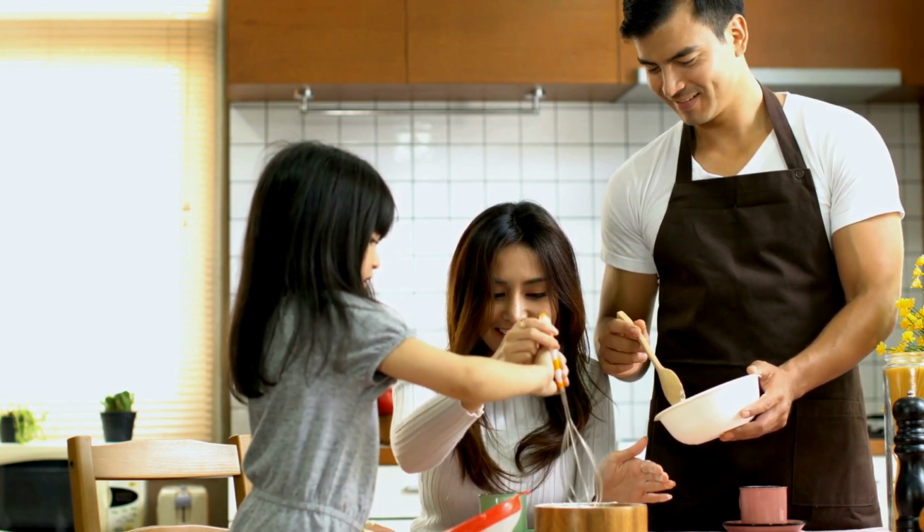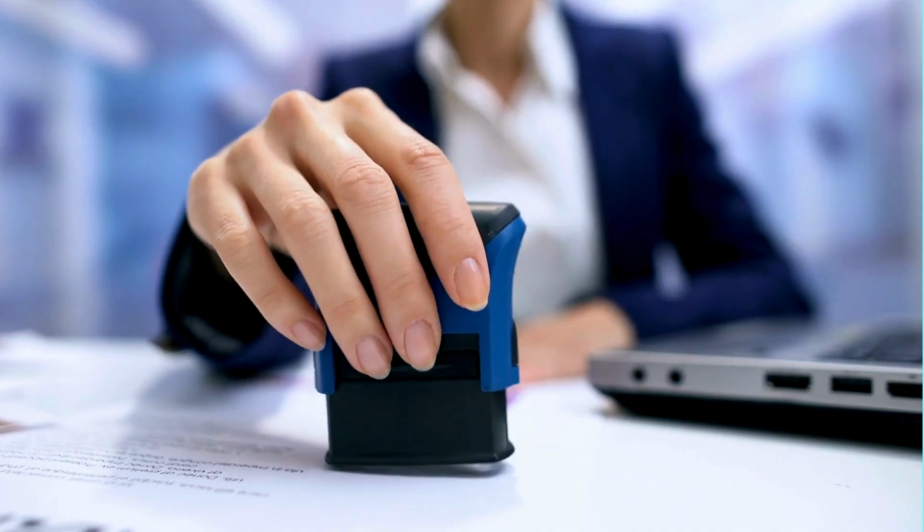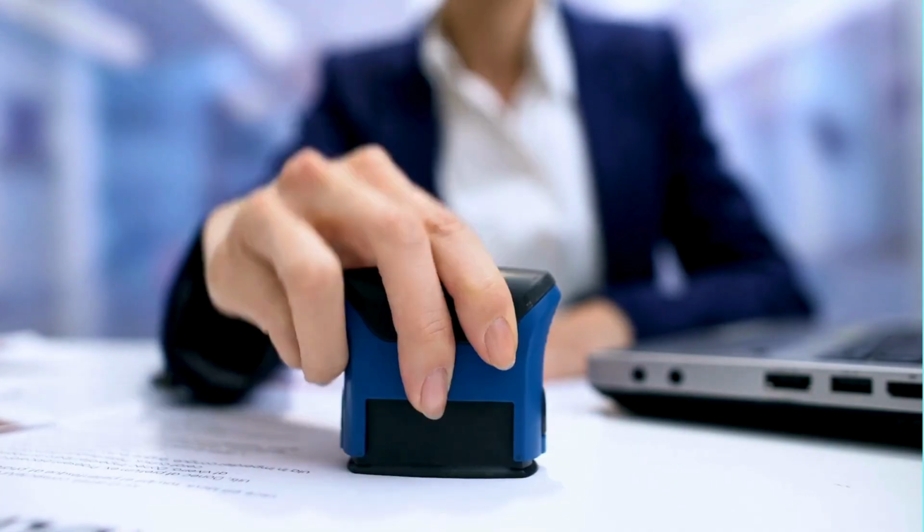Friends, it's essential to be honest during the interview, so make sure to answer questions truthfully and clearly. Questions cover general and personal topics, assessing consistency with evidence of your relationship. Once the visa officer is convinced, visa approval is immediate.